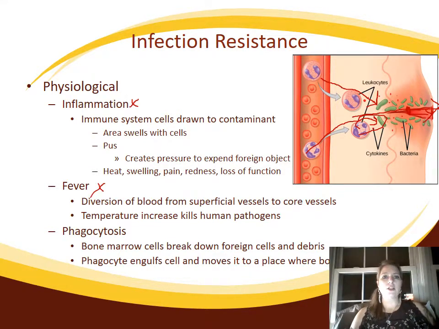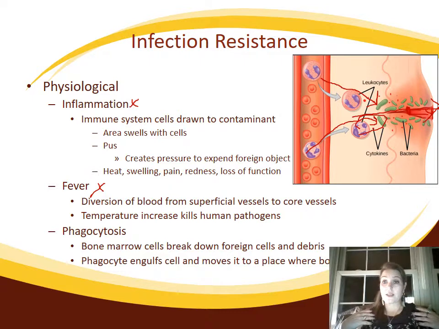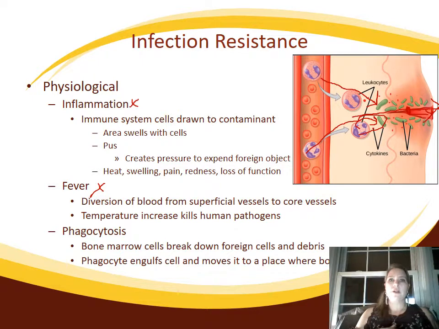Fever is actually a defense as well. So what happens during a fever is that blood from the superficial vessels, like capillaries, will then move into the core vessels in order to increase body temperature. That increase in body temperature is there specifically because a lot of microorganisms can't survive an increase in body temperature. If you think about it, your body at a normal temperature runs at 98.6 degrees. It's already a pretty high temperature for bacteria.